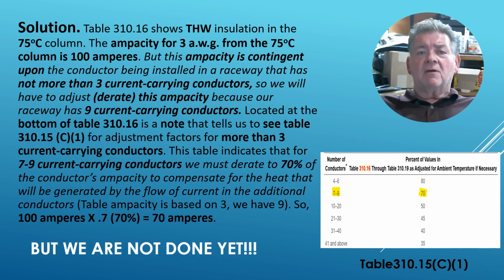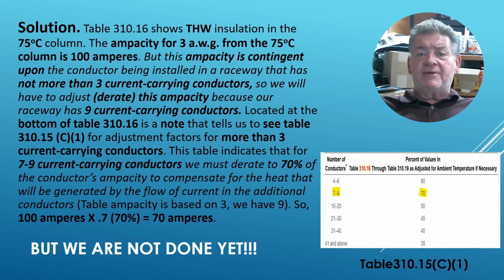So we take the ampacity for the number 3 from table 310.16, 75 degrees C column, 100 amperes. We multiply that 100 amperes by 0.7, 0.7 being the decimal equivalent of 70%. 100 times 0.7 drops us down to 70 amperes.